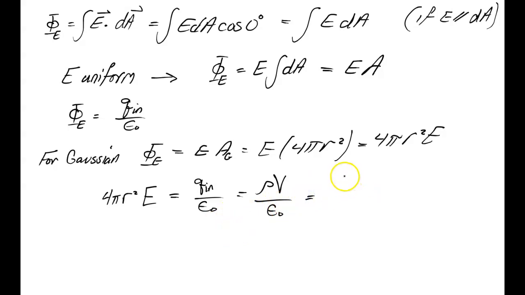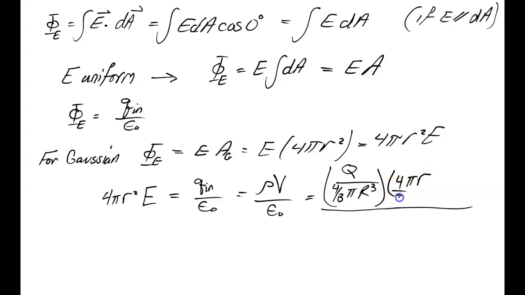And the charge density is the entire charge over the entire volume. Notice this is capital R now. And then times the volume of the Gaussian, which is 4/3 pi little r cubed, all over epsilon naught.